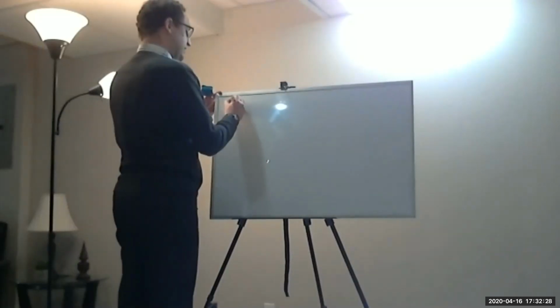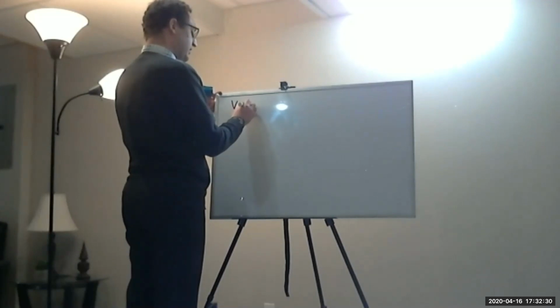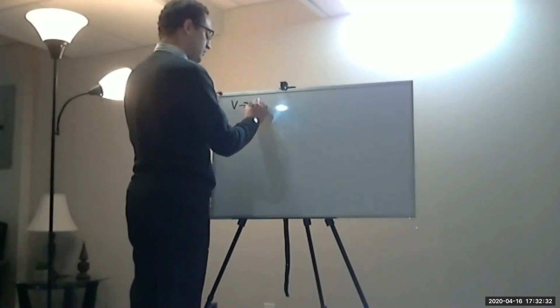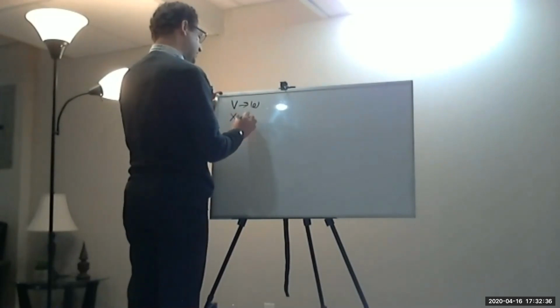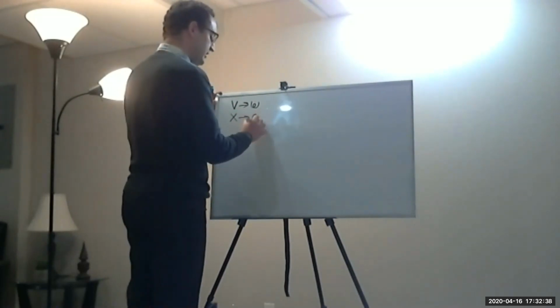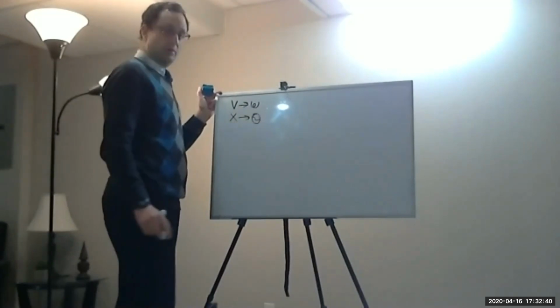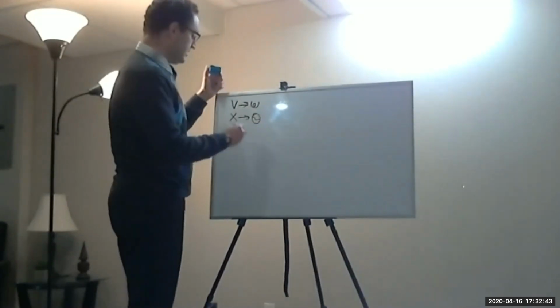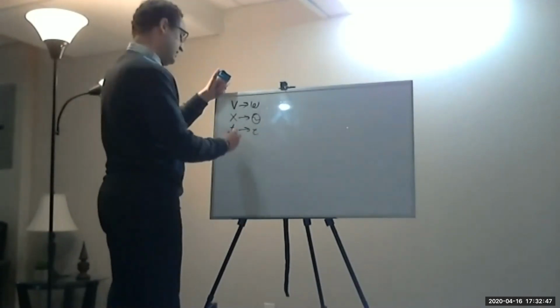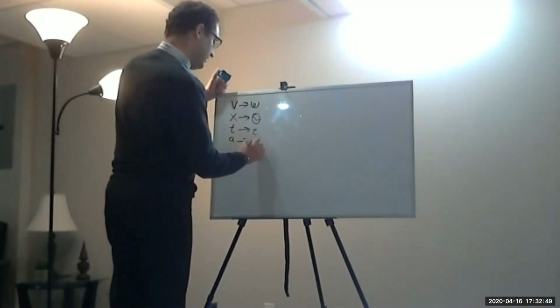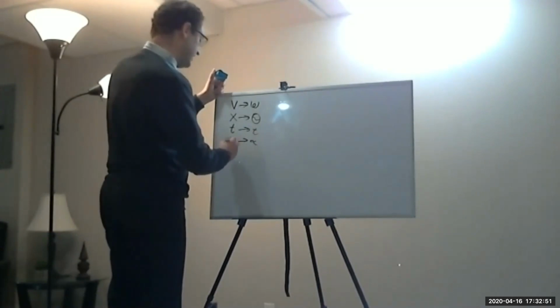So anywhere that you saw v before, it's now omega for angular velocity. Anywhere that you saw x for position before, it's now theta for angular position or angle. T for time stays the same. A for acceleration becomes alpha for angular acceleration.